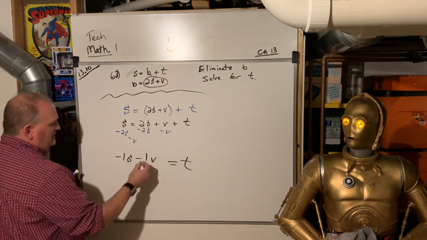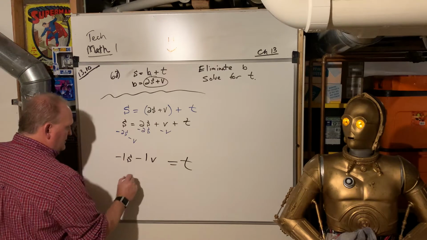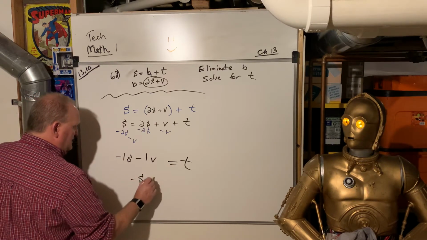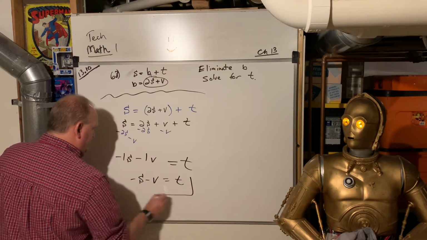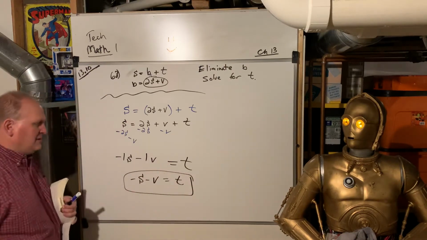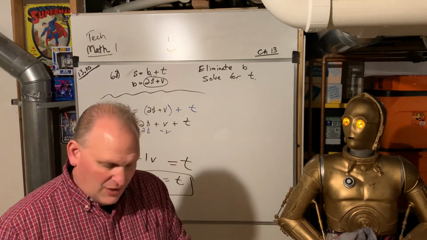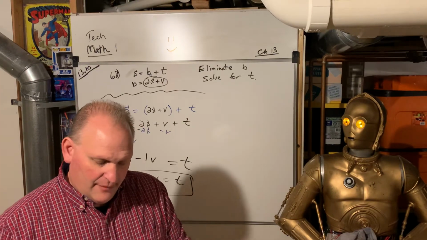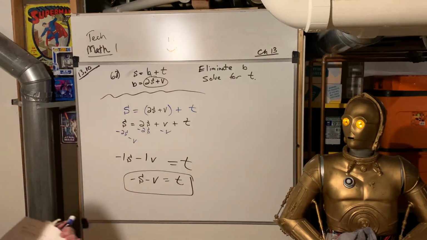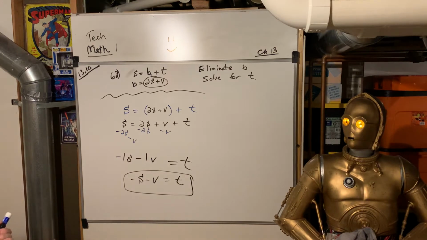And it's likely they don't have the ones there, so they probably just have negative S minus V equal to T. It's fine. I don't care on your answers if you give me a 1 in front of it. The 1 is there whether you write it there or not. And it wouldn't matter if you said negative V minus S either. The order doesn't matter. All right?